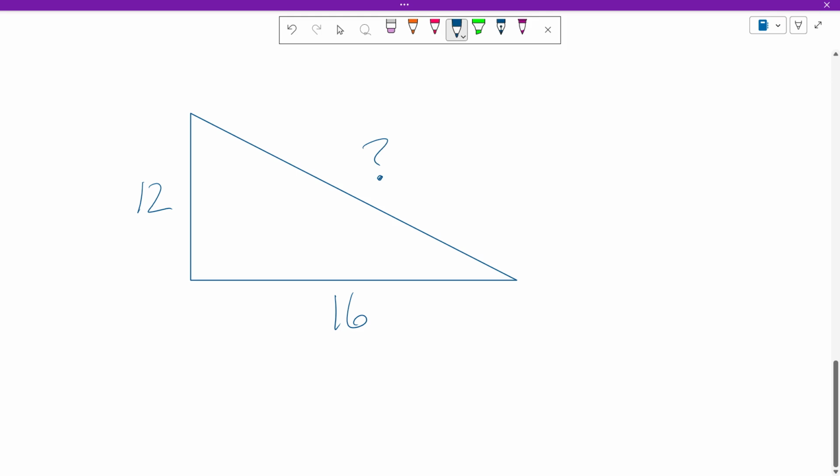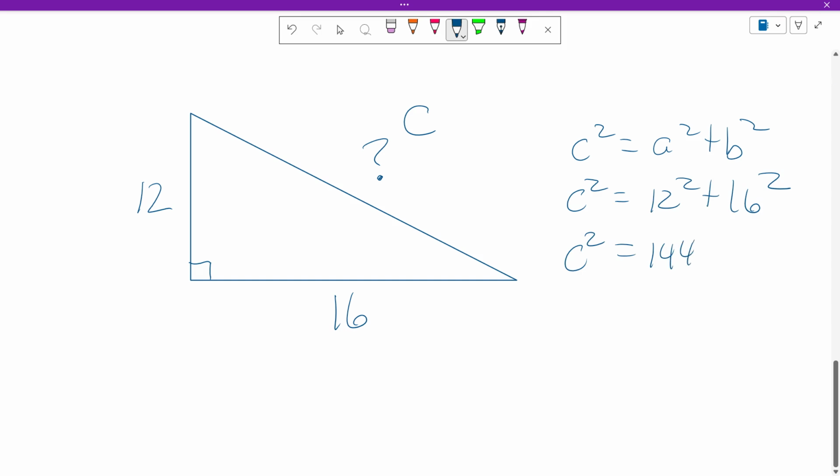So, which side am I missing if my right angle is right here? The hypotenuse. I'm missing C. So C squared equals A squared plus B squared. So C squared equals 12 squared plus 16 squared. C squared equals 144 plus 256.